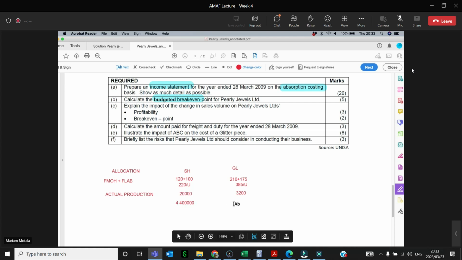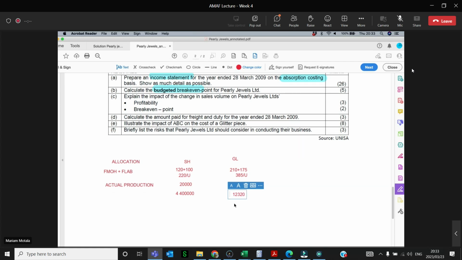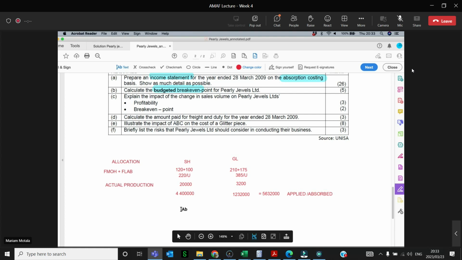And 3,200 times 385? 1,232,000. If you add this up cumulatively, it gives you 5,632,000. This is our applied, or that which we absorbed, in terms of our overheads.